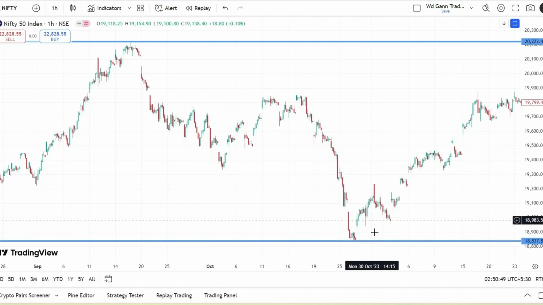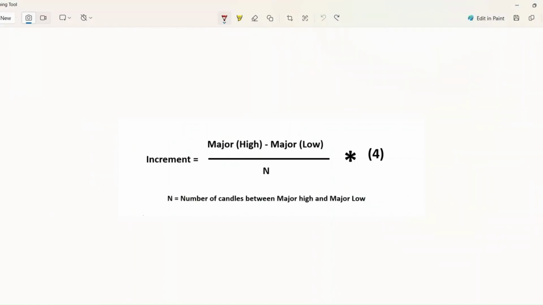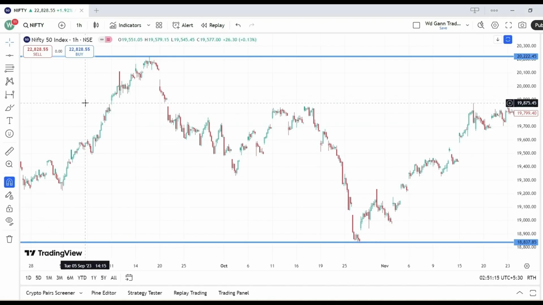But the condition is that when you are taking the measure high and measure low, the candles between them, which is n, should be greater than 150. Means there should be more than 150 candles between the measure high and measure low. So open the TradingView app. You can see how many candles there are between measure high and measure low in TradingView with the help of the date range option.